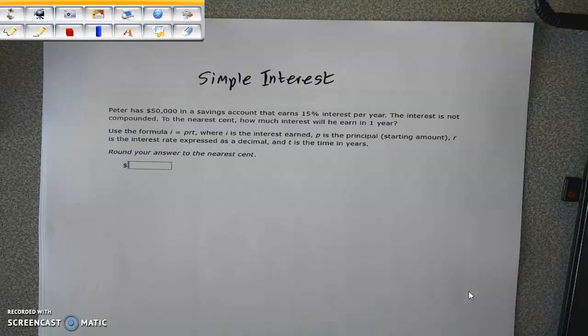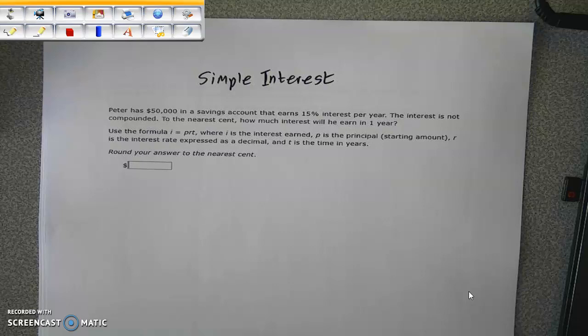This first problem: Peter has $50,000 in a savings account that earns 15% interest per year. The interest is not compounded. To the nearest cent, how much interest will he earn in 1 year? Okay, so basically what that means is that he has $50,000 in an account.